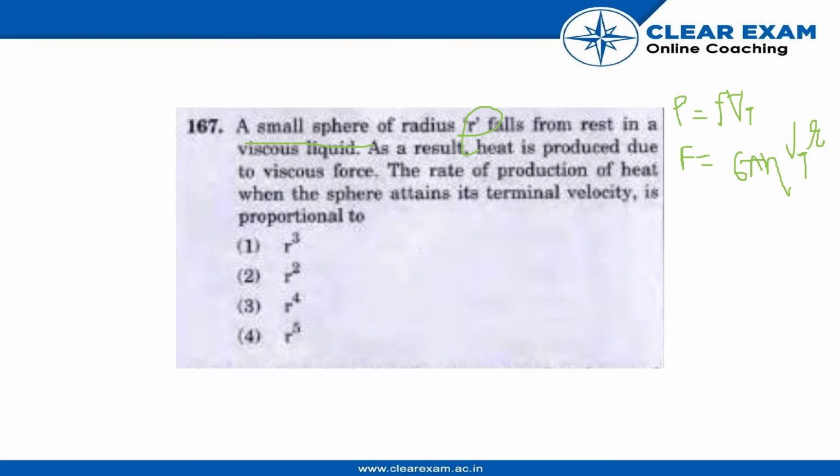So substituting from here, we can see that P equals 6 pi eta v_t r times v_t, so we have v_t squared and then we have r. So from here we can figure out that v_t equals 2 r squared upon 9 eta, times (rho minus sigma) g.